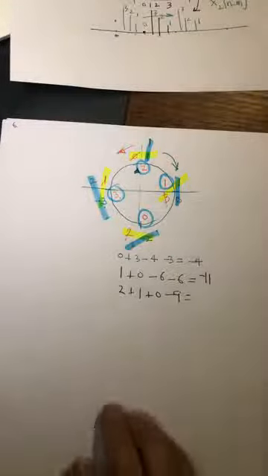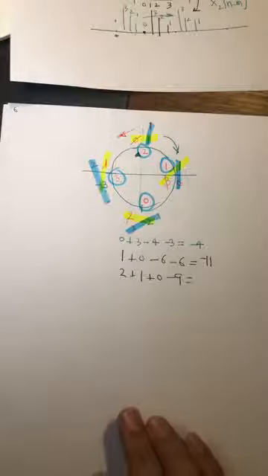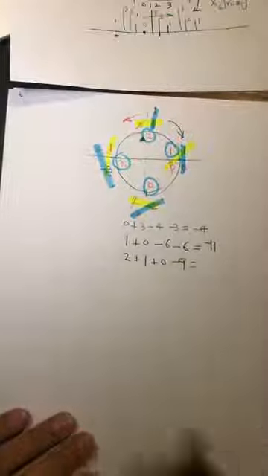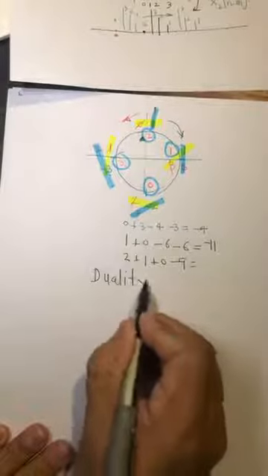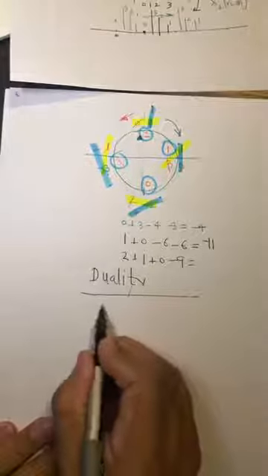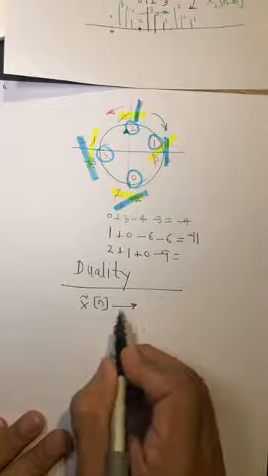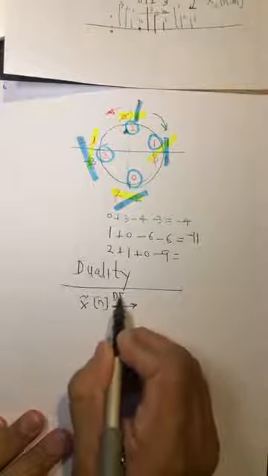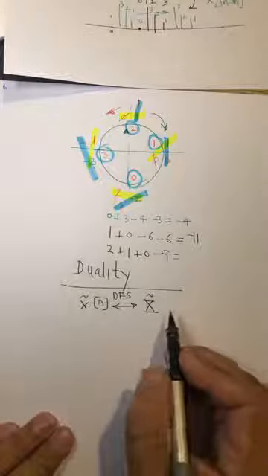Then there is another interesting property which is not there for the linear or discrete time Fourier transform, and this property is called duality. The duality property says that you have a periodic signal, you compute its discrete Fourier series, X tilde of k.